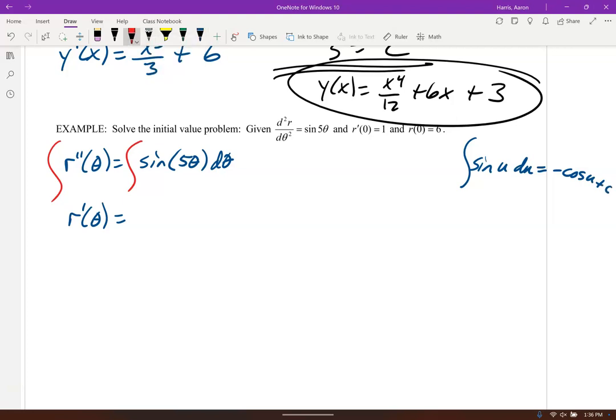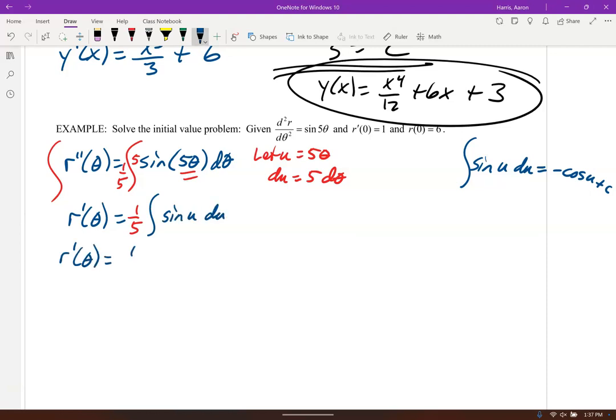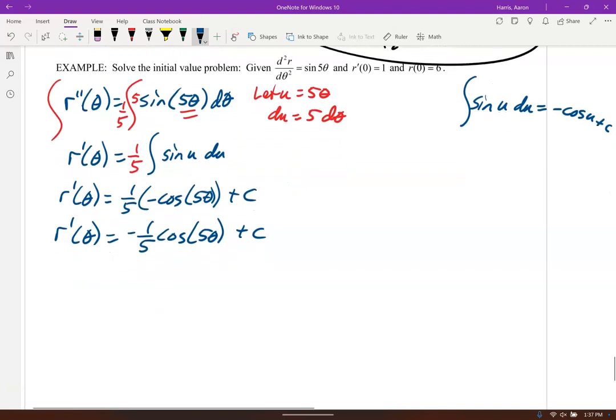So I let u be 5 theta, so du is 5 d theta. Give it a 5, offset it with a 1/5. So I've got 1/5 the integral of the sine of u du. So r prime of theta is negative 1/5 cosine of 5 theta plus a constant.